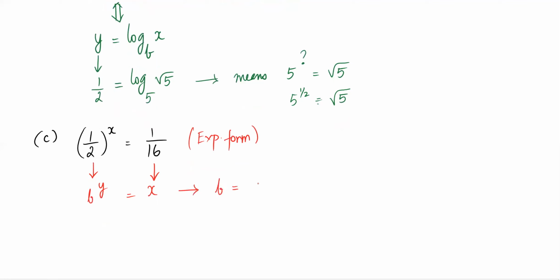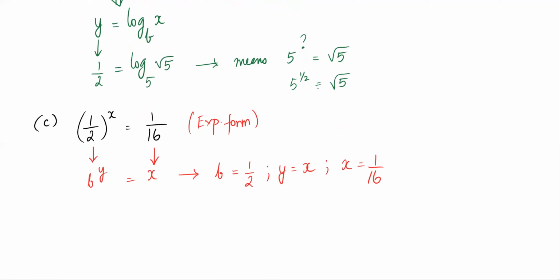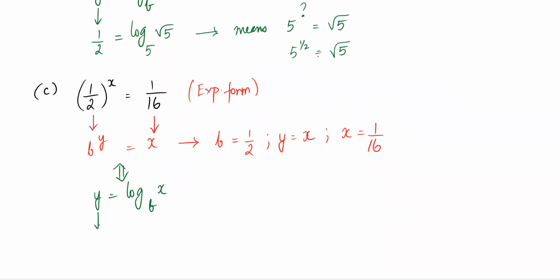And recognize that b is the base, which is the half. y is actually the x here, and the x is actually 1 over 16. Okay, it's a good question because you are really being very clear-headed about how the positions are replaced. Okay, y equals log x to the base b is the conversion, and y in our problem actually is the x, equals log x in our problem is 1 over 16.